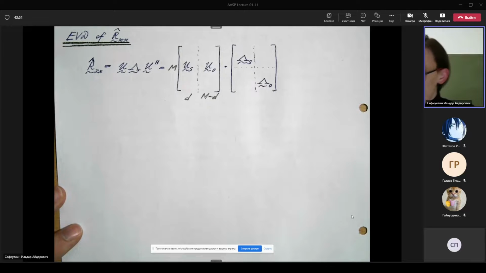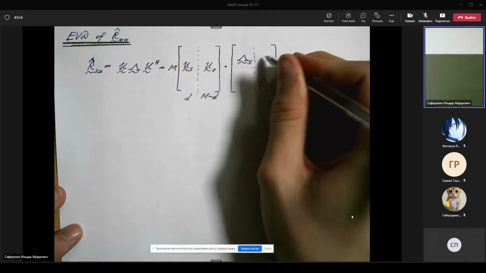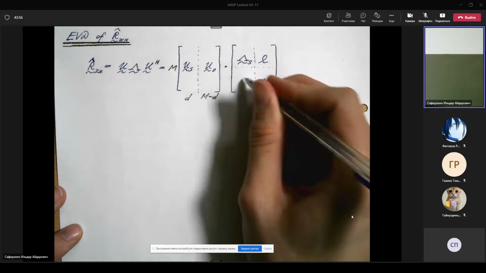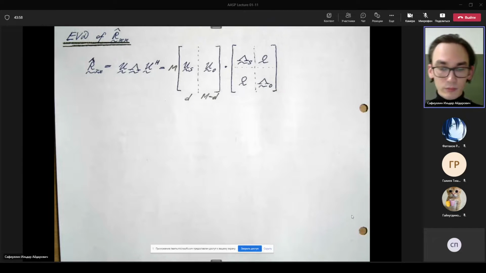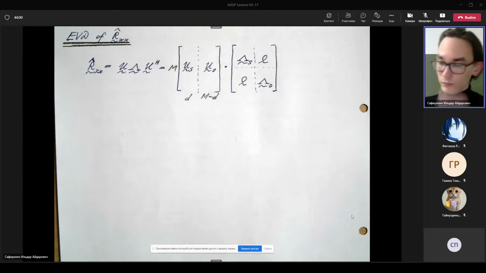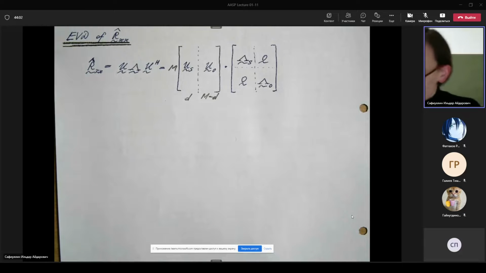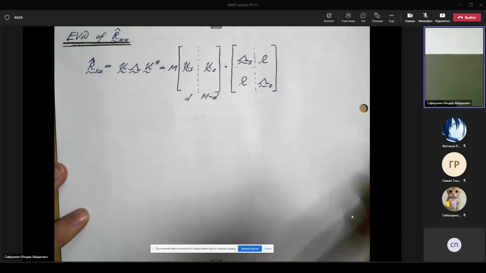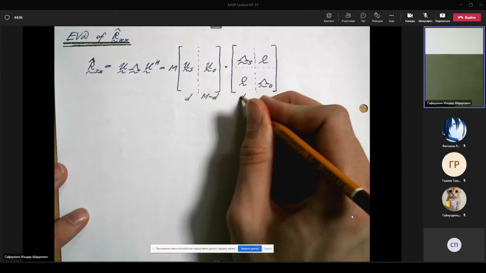And the second and third elements are 0 matrices. So here the number of columns is d.